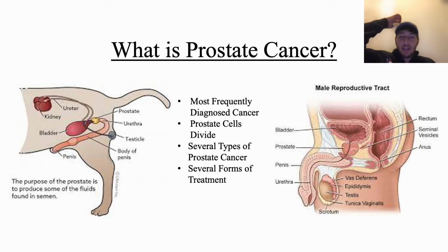But that's just another fact to have. Urothelial cancer is cancer that starts in the cells that line the tube carrying urine to the outside of the body. It usually starts in the bladder, but eventually ends up spreading into the prostate. Squamous cell prostate cancer starts from cells that cover the prostate. It's those flat cells.